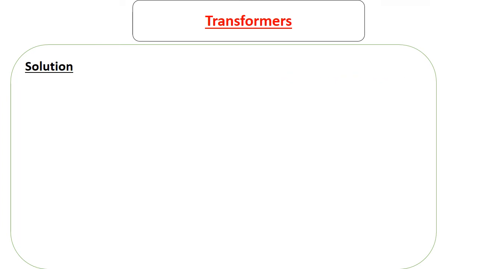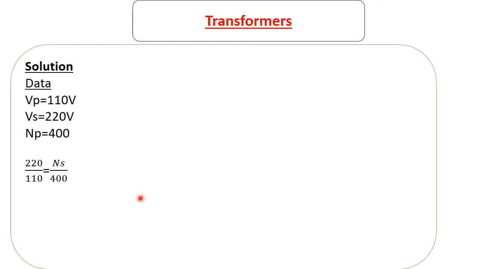So the first question is simple. What have we been given? I've been given the primary voltage, the secondary voltage, the primary turns. We're looking for the secondary turns, so we can apply our formula. Primary voltage over secondary voltage equals primary turns over secondary turns. So secondary voltage is 220 volts, then primary voltage is 110, which is equal to number of secondary turns, which we're looking for, over number of primary turns, 400.